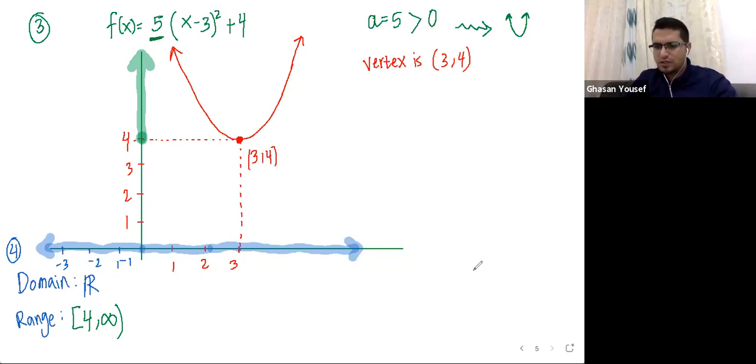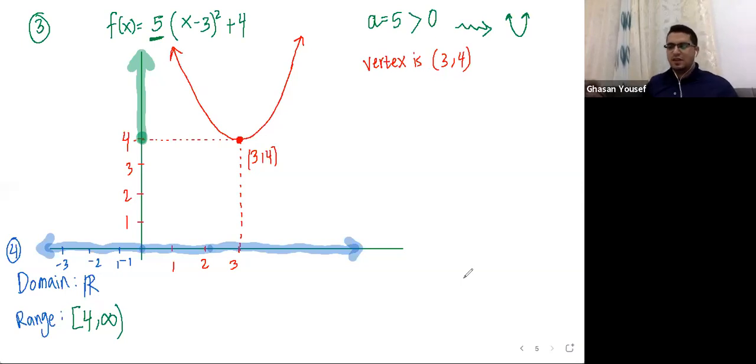Can you do challenging problems? Like what? This is the challenging problem, Eric. If I want to ask you, okay, I have one question. It's a challenging question. So find the x-intercept. Eric, what is the x-intercept of this graph?